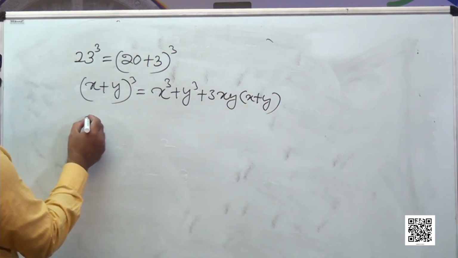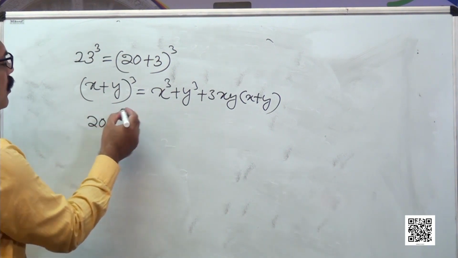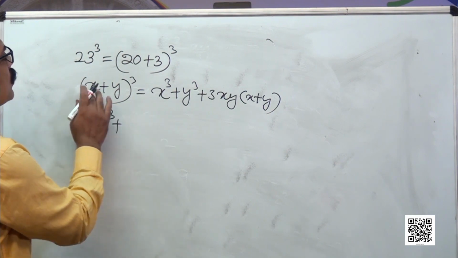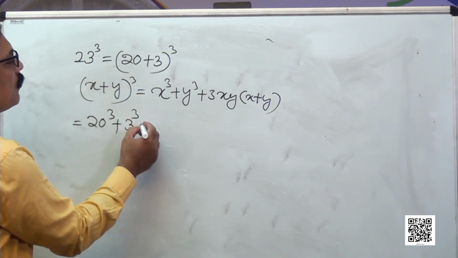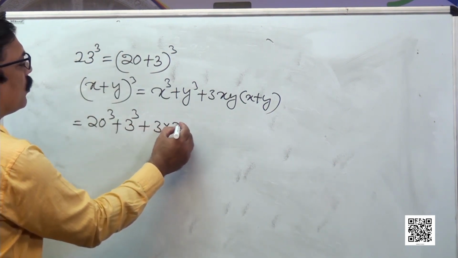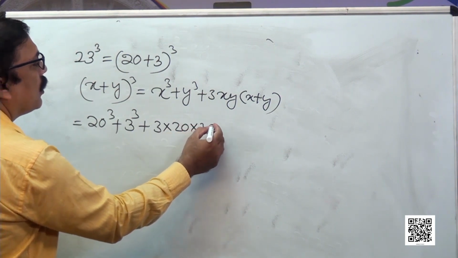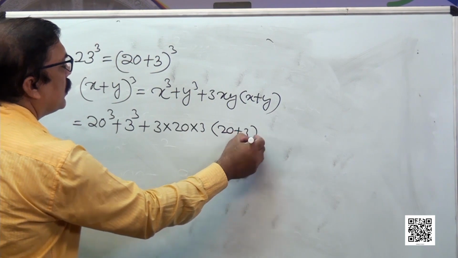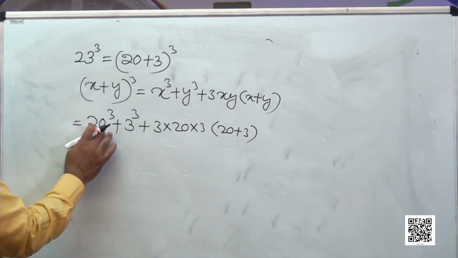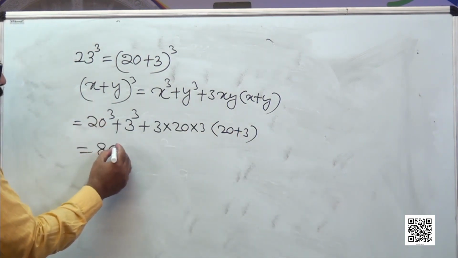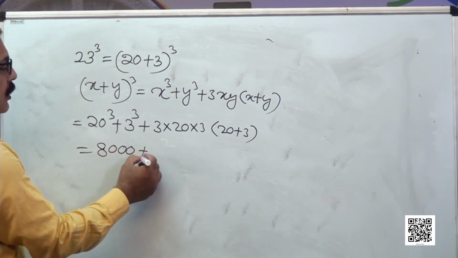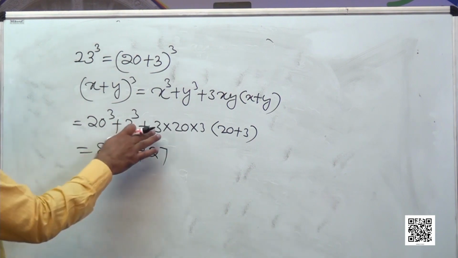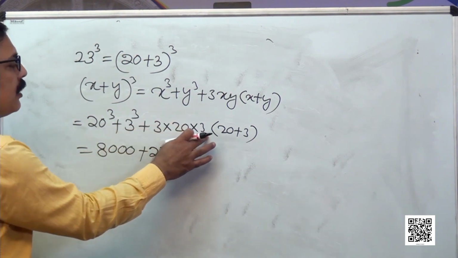So here we have 20 cube plus 3 cube plus 3 into 20 into 3 into 20 plus 3. 20 cube gives 8,000. 3 cube gives 27.